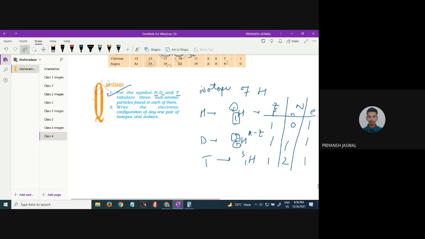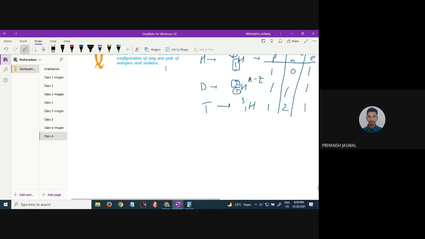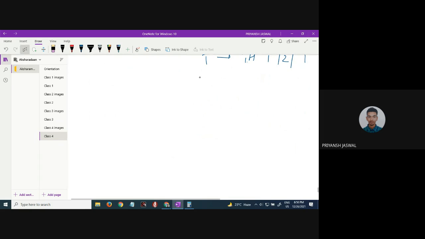Write the electronic configuration of any pair of isotopes and isobars. So let's do it for hydrogen only. Or maybe we can do it for chlorine. 17Cl35, 17Cl37. What will be the electronic configuration? 2 in the K shell, 8 in the L shell, 2 plus 8 is 10, 7 in the M shell, 17.